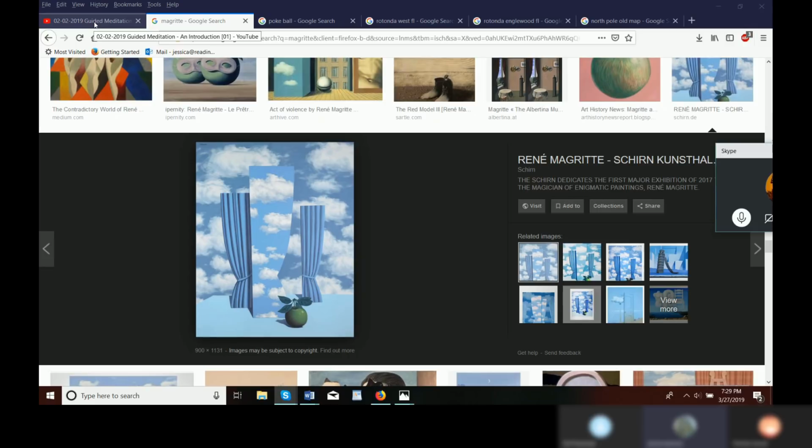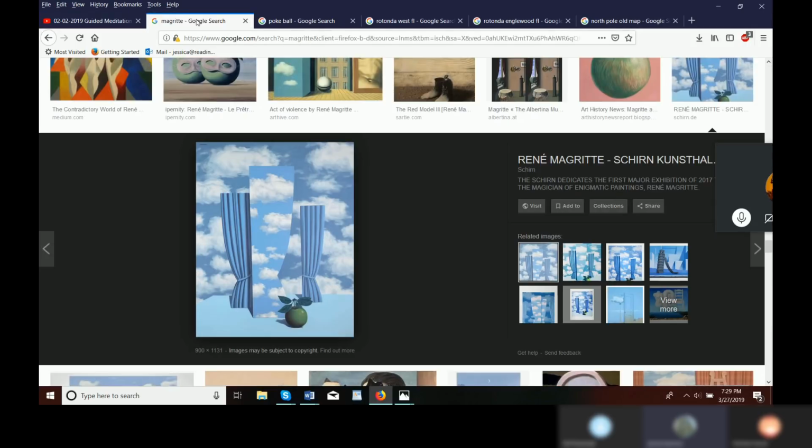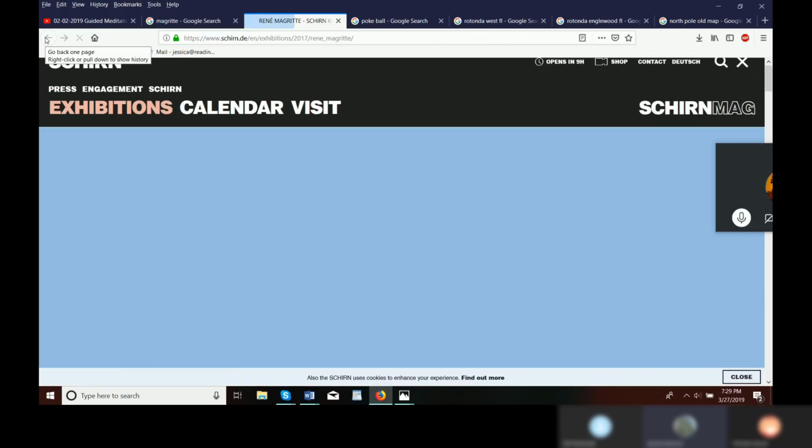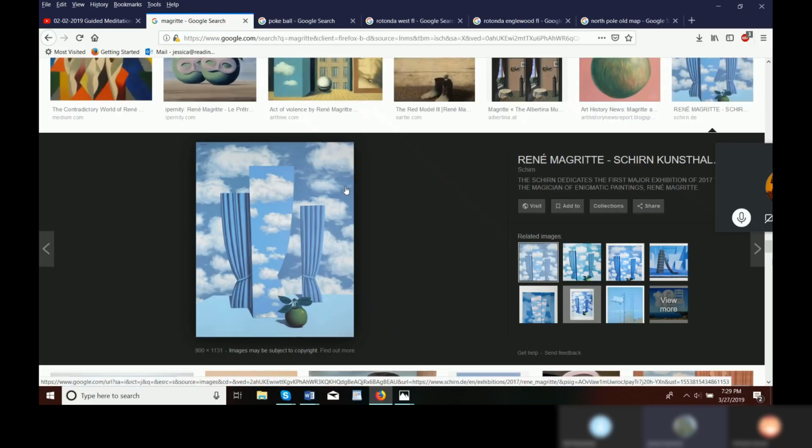So I put together this meditation, and you notice my shirt matches the sky, where I see this picture here of this mirror, and oh, just went off on me. And we'll close that. And you see this mirror. It's kind of like being inside and outside at the same time, or that you actually become a part of this landscape. And so I thought that was really strange that I had experienced that.